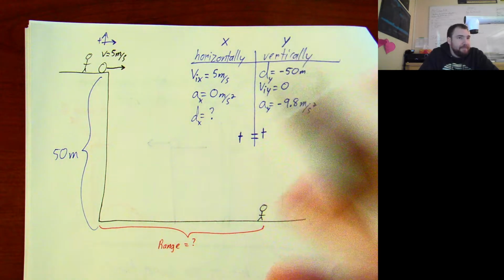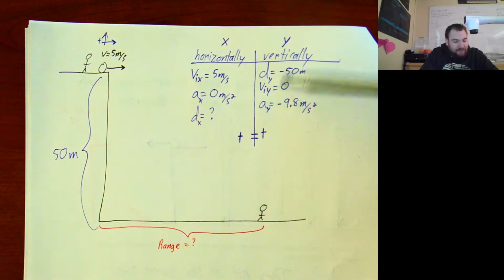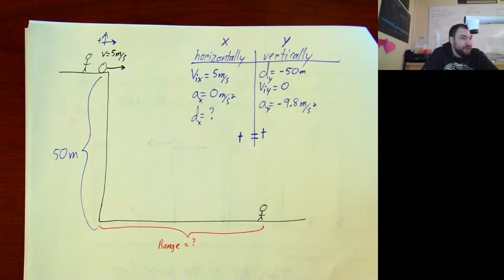So we've split up everything we know about our object horizontally and everything we know about our object vertically, and we were able to connect them with the fact that time is independent of space. It doesn't matter if you're going vertically or horizontally, or both vertically and horizontally. Time is going to pass the same for you in both directions, which is important, but ultimately you might find that to be trivial.